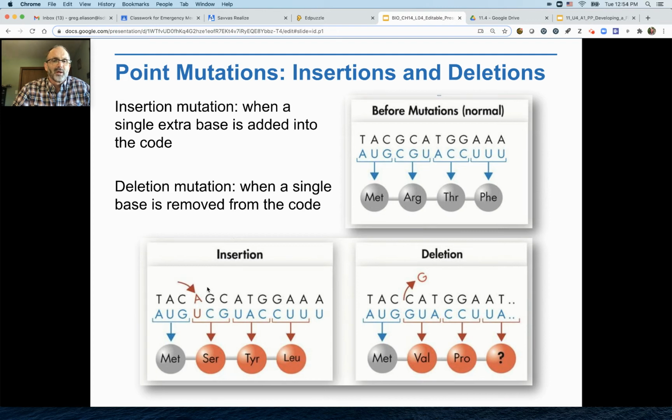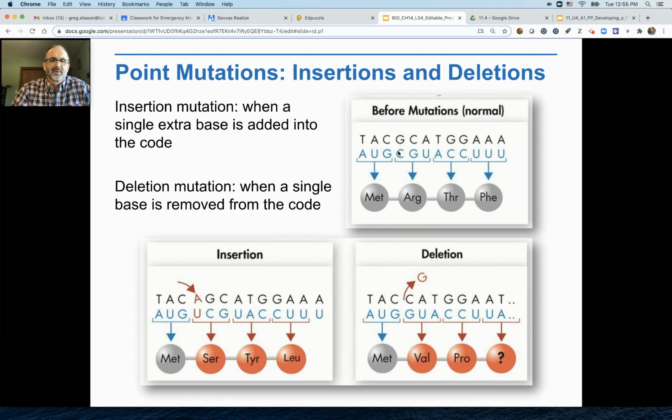So if we have an original set of DNA here on the top, and then this is the RNA that would be coded: AUG, the start codon, CGU, arginine, okay, ACC, and then UUU.